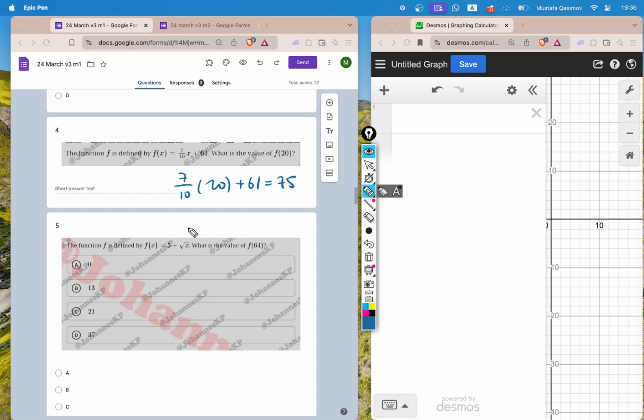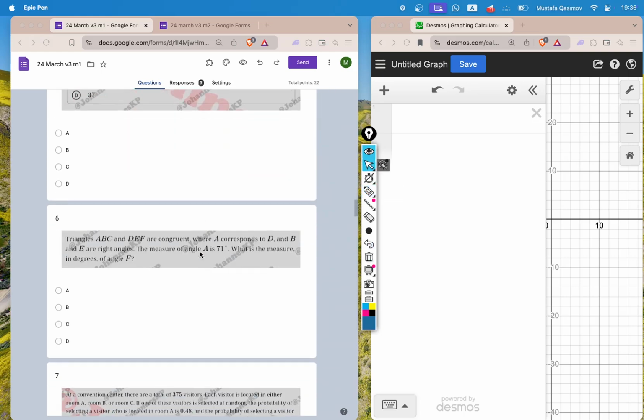Here, just write instead of x 64. You will get 8, 5, so 13. So you can see that we have two theme question here, almost two theme.